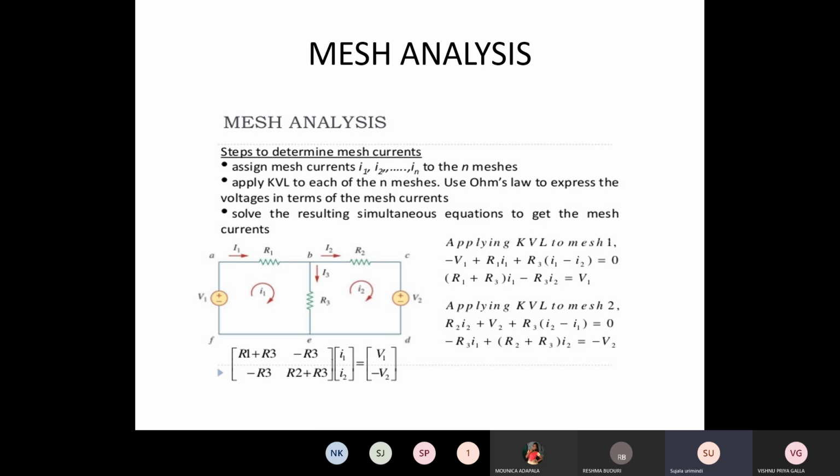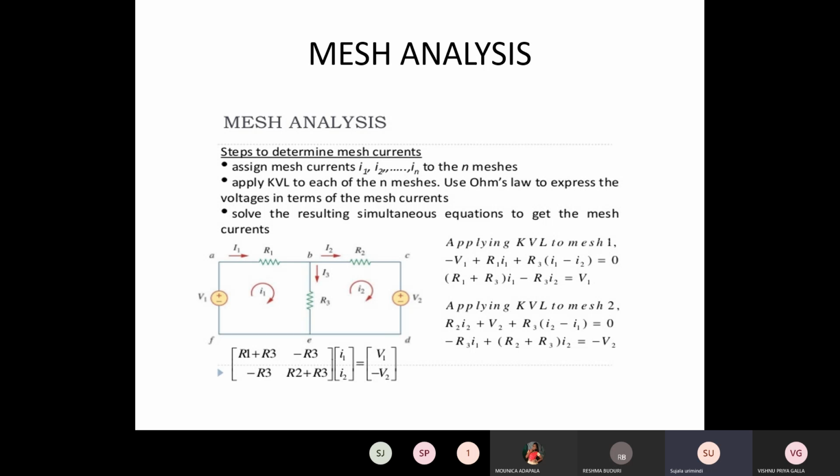But when you observe, the R3 current depends on both I1 and I2 currents. So when you assume the polarity of R3, whenever KVL is applied here, the current coming here due to the I1 current, entering will be put as plus, leaving will be put as minus, and it returns to the path.